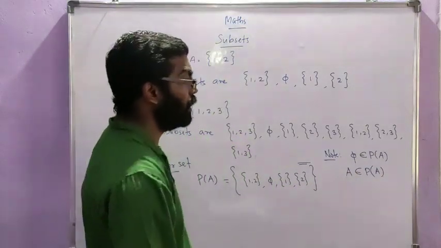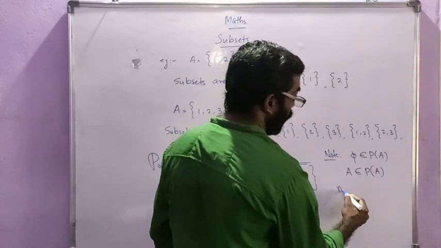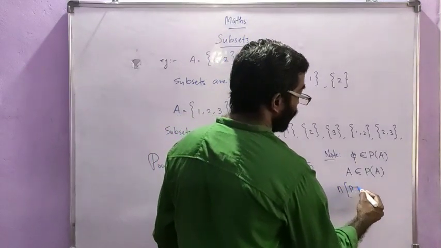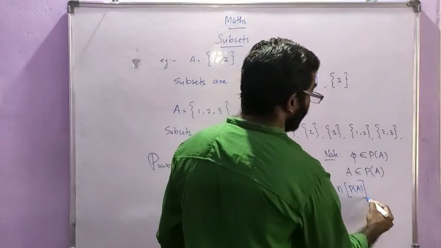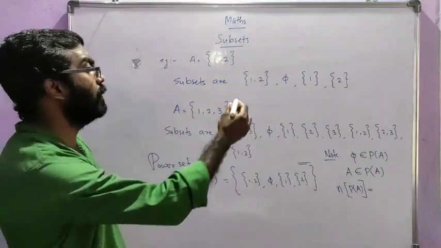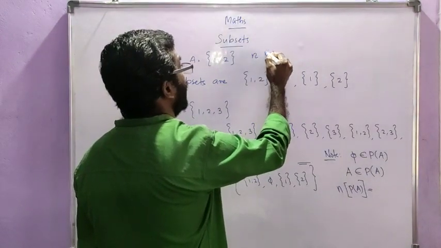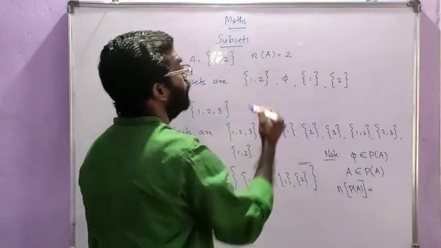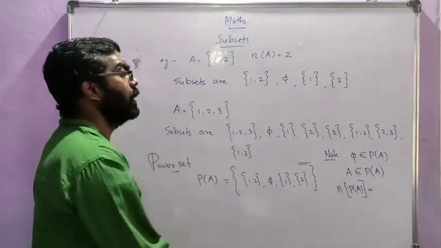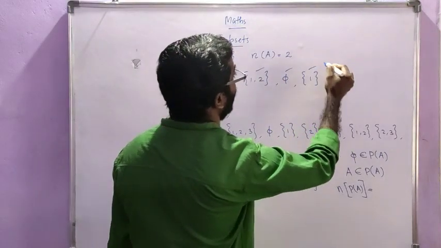And one more thing is about the number of elements in P of A. N of P of A means the number of elements in P of A. We can take the first example. Here the set A contains 2 elements, N of A is equal to 2. And the number of subsets here are 1, 2, 3, 4.